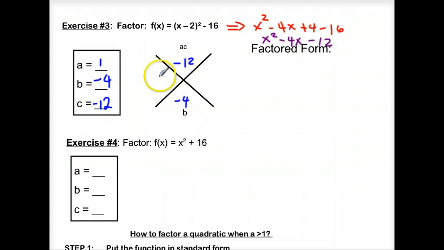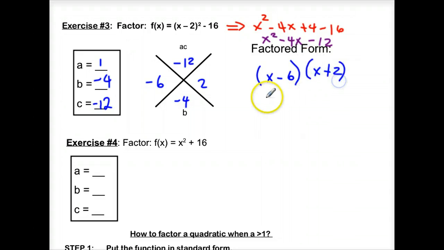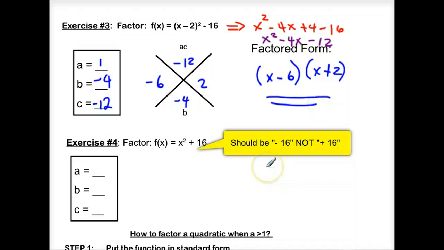So those numbers are negative 6 and positive 2. Negative 6 times positive 2 is a negative 12. Negative 6 plus positive 2 is a negative 4. So because my a is 1, all I need to write in factored form is x minus 6 and x plus 2. And that's my trinomial factored.